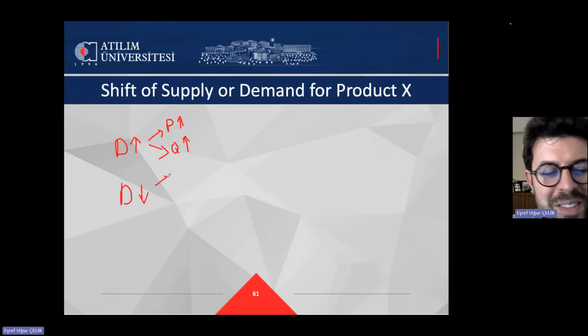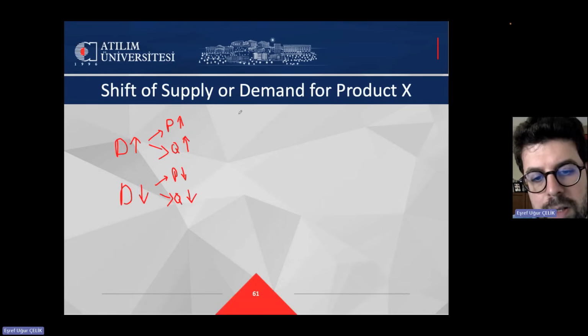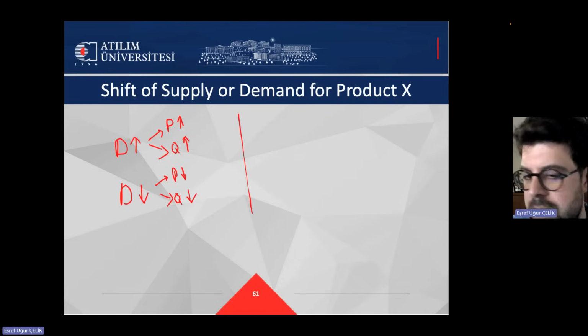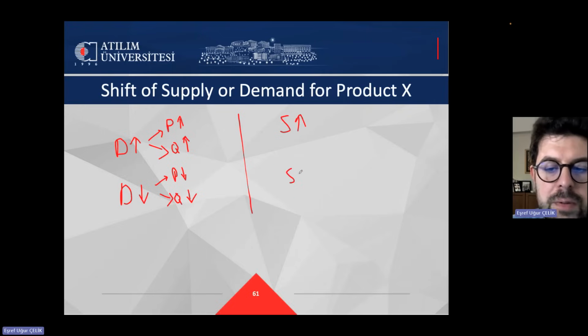Sorry about my bad drawing. When the demand curve is shifting to the left, price and quantity become lower. Or we talk about the supply side. An increase in supply means that the supply curve is shifting to the right, or the supply curve is shifting to the left for a decrease in supply.